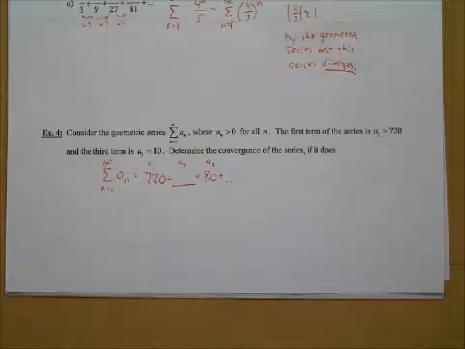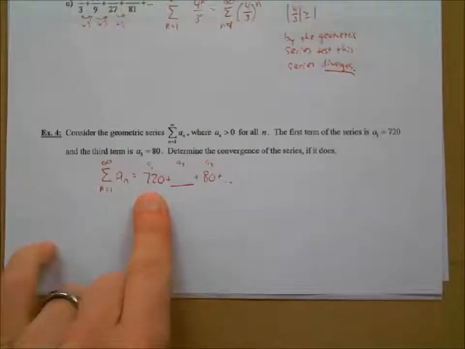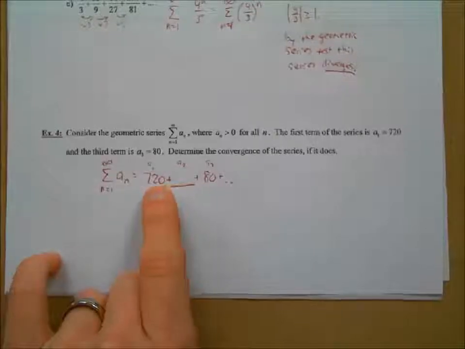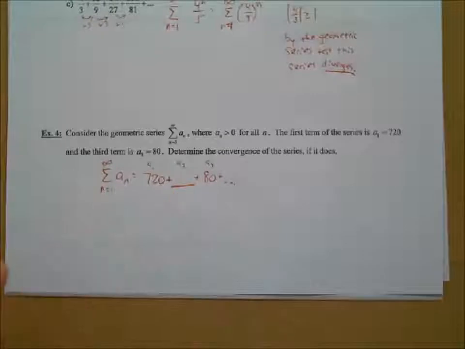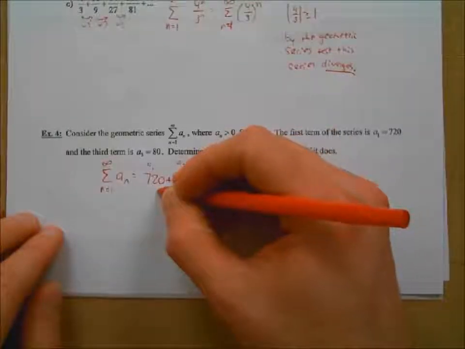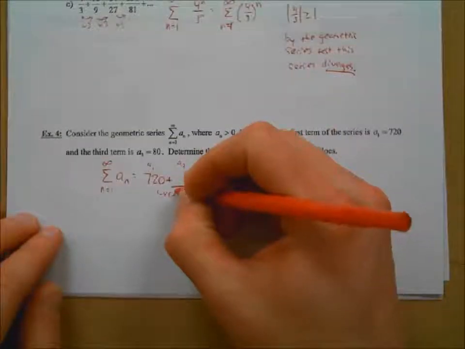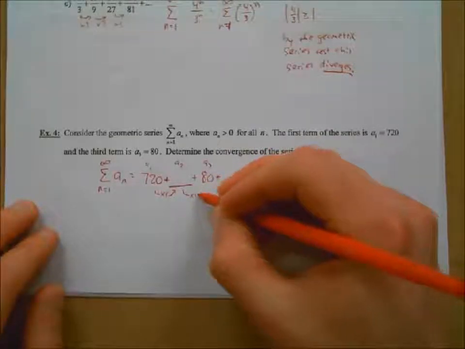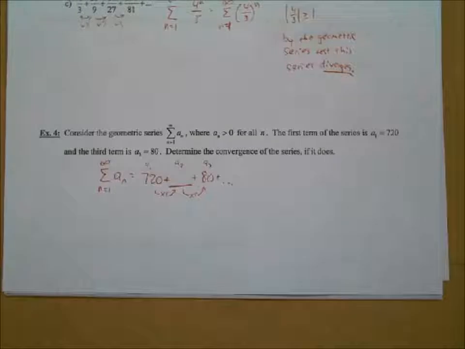Okay, we've got our first term. We don't know our second term, but we do have our third term. So normally what we would do here is see, okay, 720 times what gives us a sub 2? That would be our common ratio here. This times r will give us this number right here, and then this number times r will give us this number right here. We don't have that middle term here.